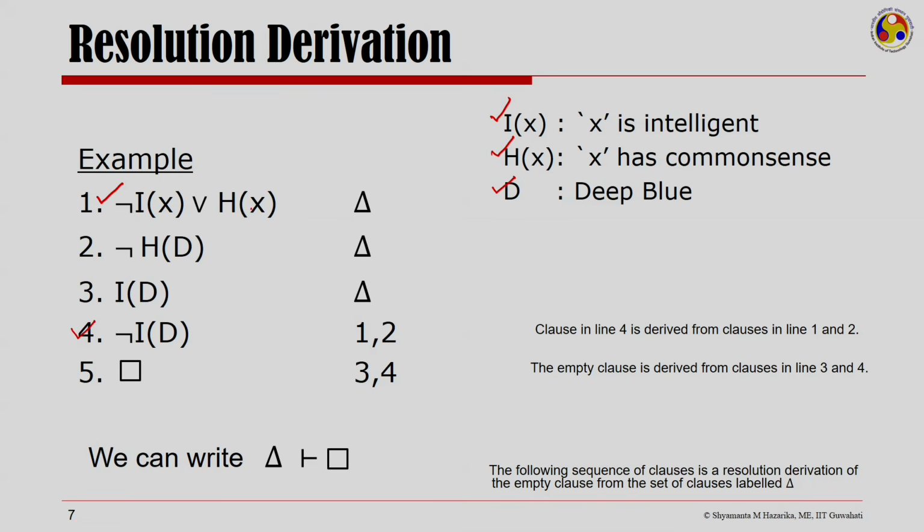If I replace x by d, the H(d) and the negative H(d) will go away. They are the complementary literals. I will be left with not I(d), and then I can look at the third clause together with the fourth clause, which is I(d) and not I(d). So, that will lead me to the empty clause.